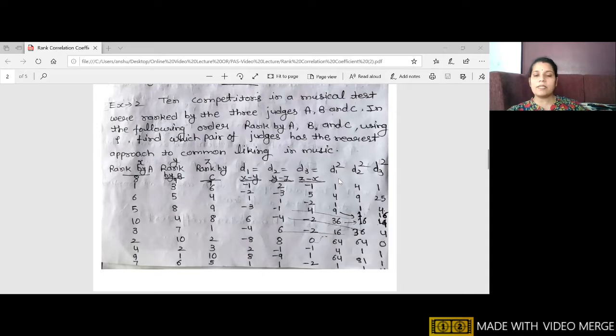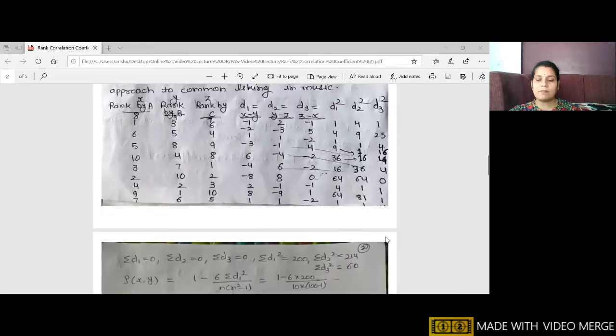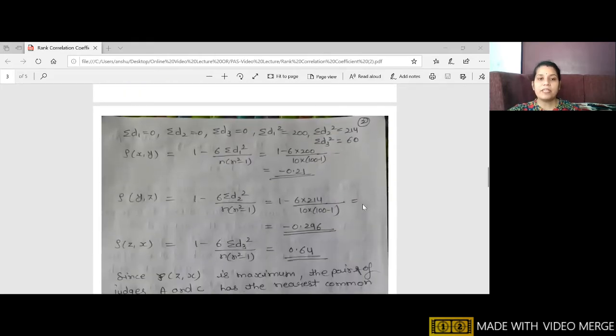Next we find the value of D1 square, D2 square and D3 square. According to our D1 column, we find D1 square, and we make the other two columns the same way. After that, we sum all these values.